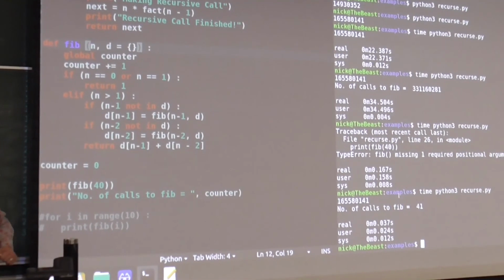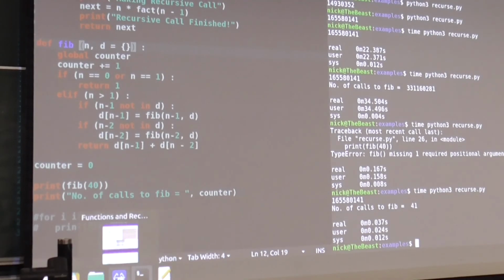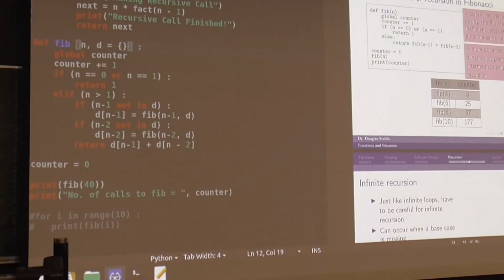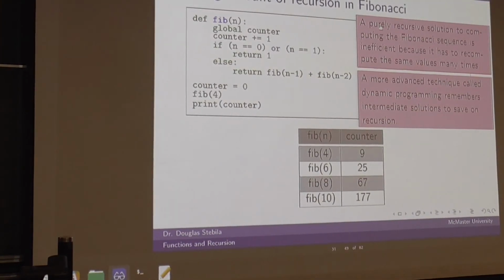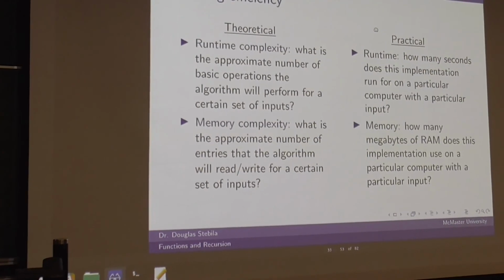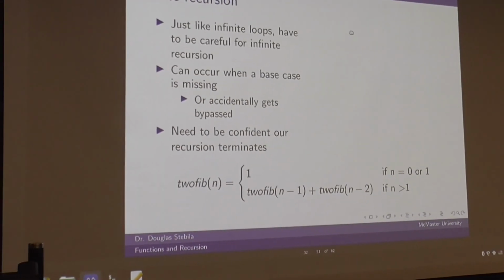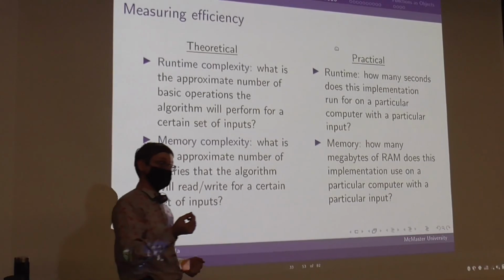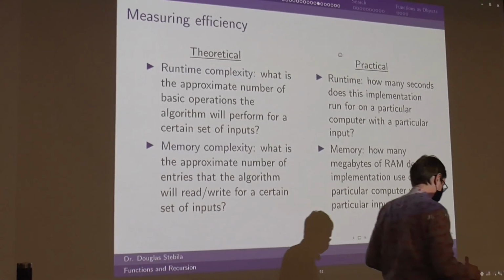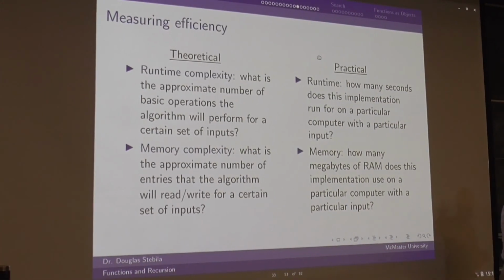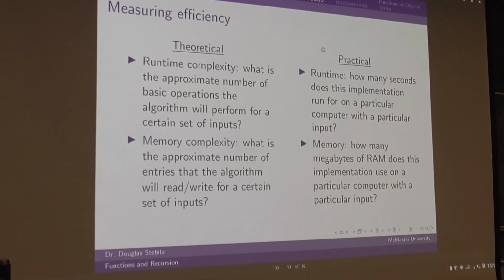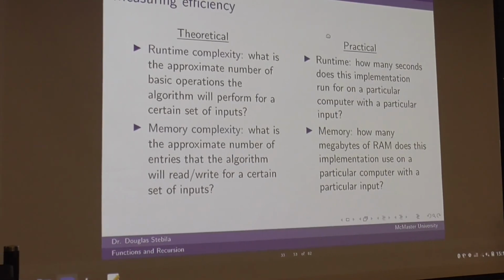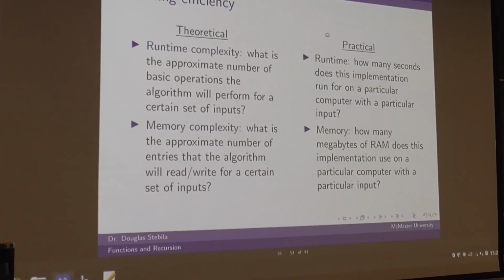Good. So, we got 2 minutes left. When we measure runtime, generally speaking, there are two main metrics that we're concerned with. One is the amount of time it takes to run the program. The other is the amount of memory that it consumes.